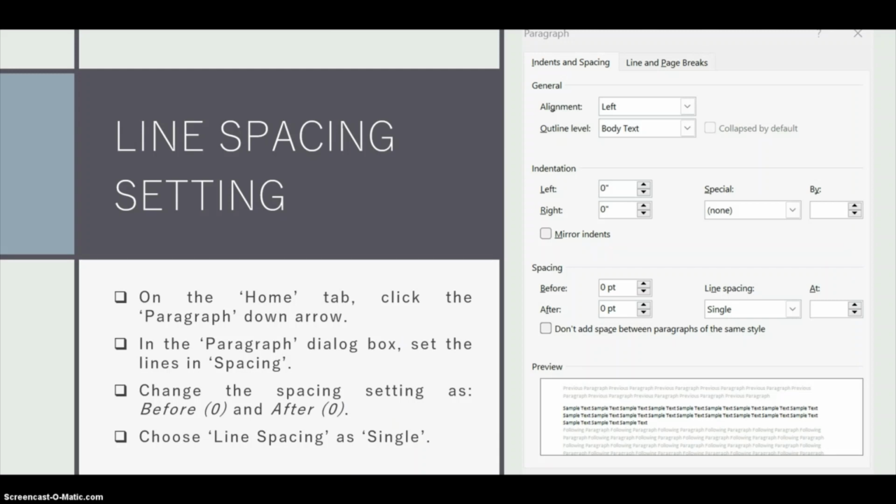For line spacing, we will use single line spacing. To set it, go to spacing, before and after 0 and 0, and change the line spacing to single spacing.